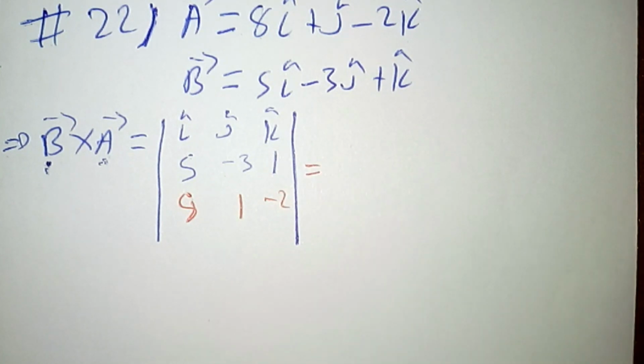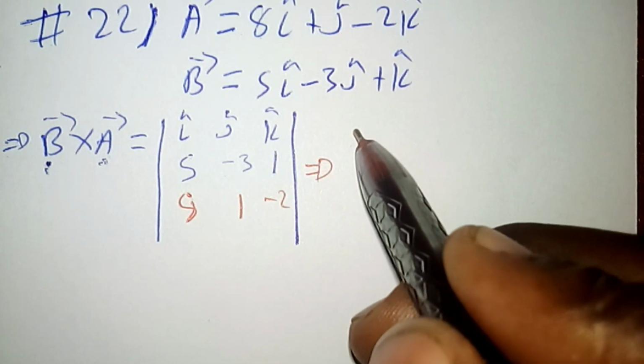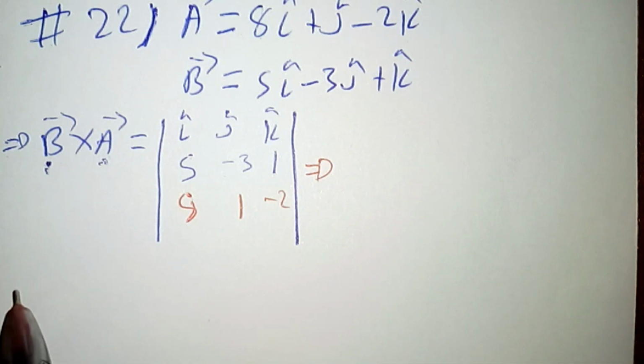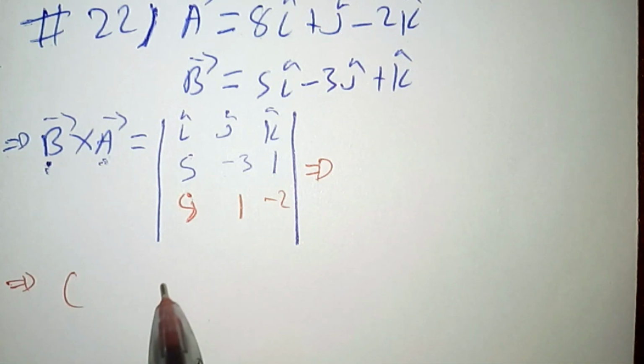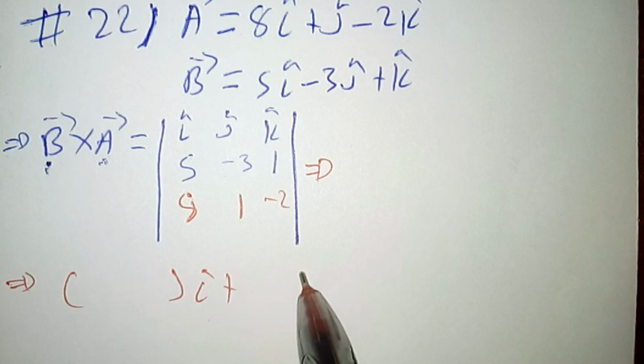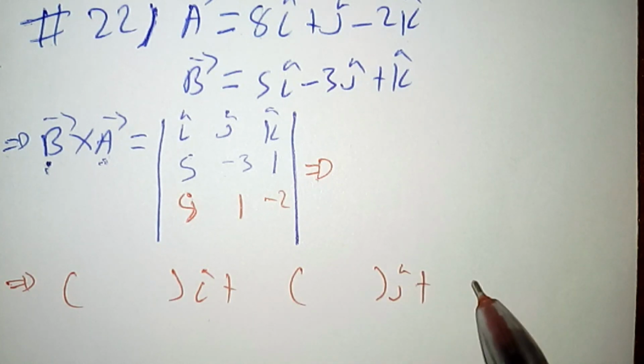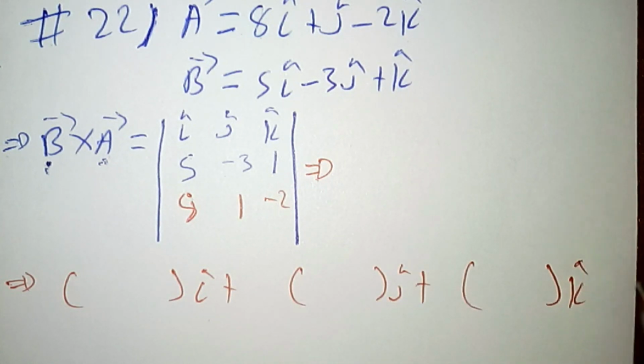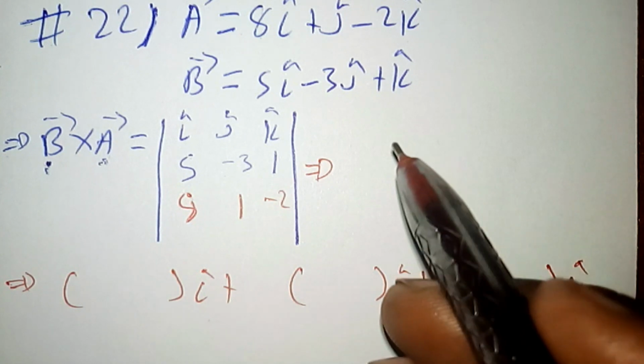Then this is equal to, we know that we need the component along i, the component along j, and the component along k or the z-axis.